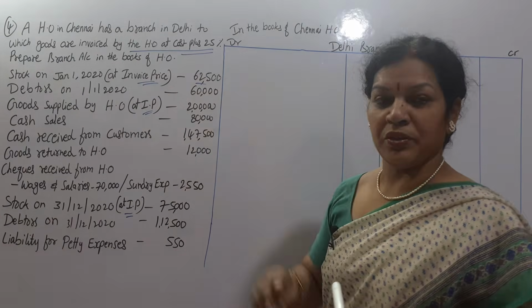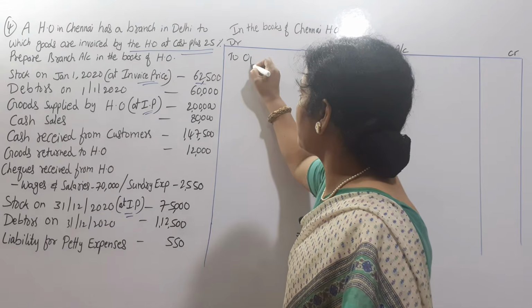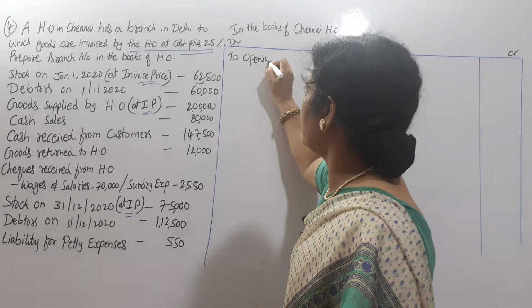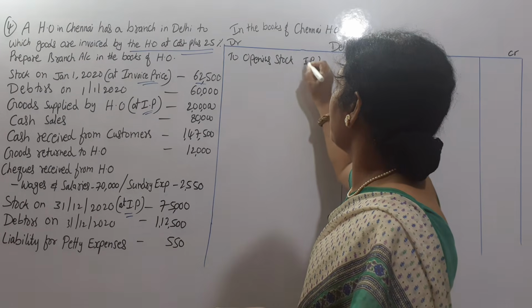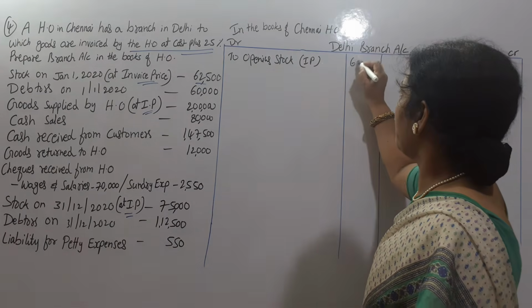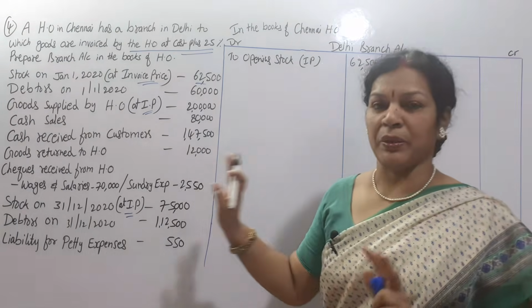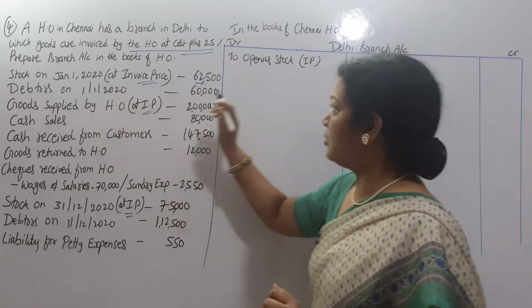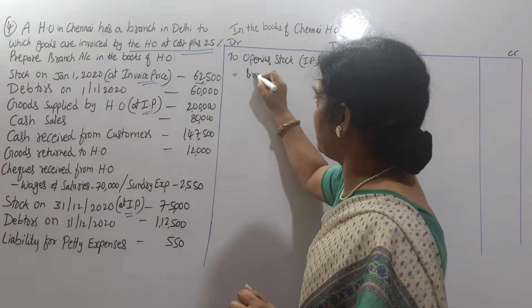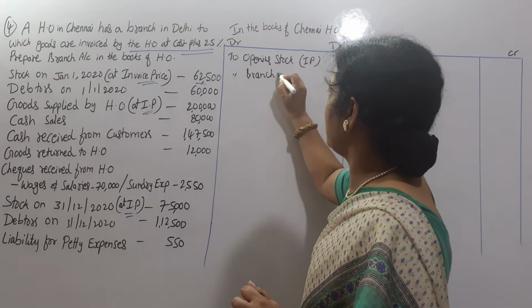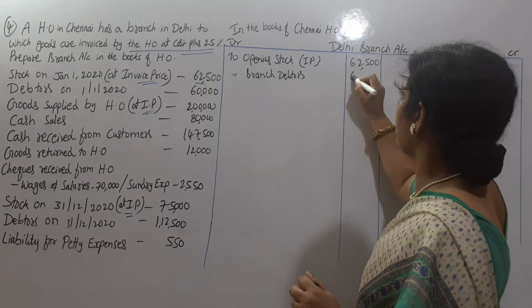First one is opening stock. Opening stock means we'll say to opening stock. This is with invoice price, right? 62,500. First we'll enter all the transactions one by one. Next row, debtors, opening debtors, or you can say branch debtors, 60,000.